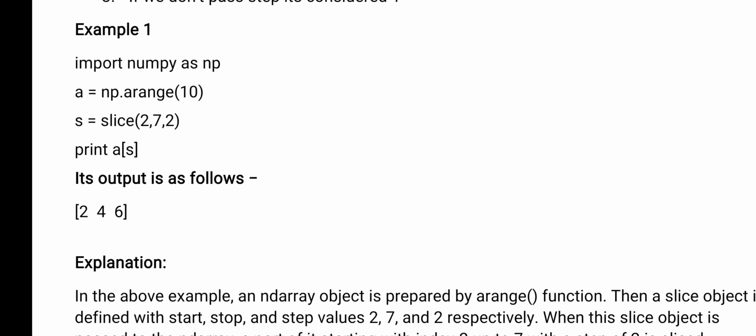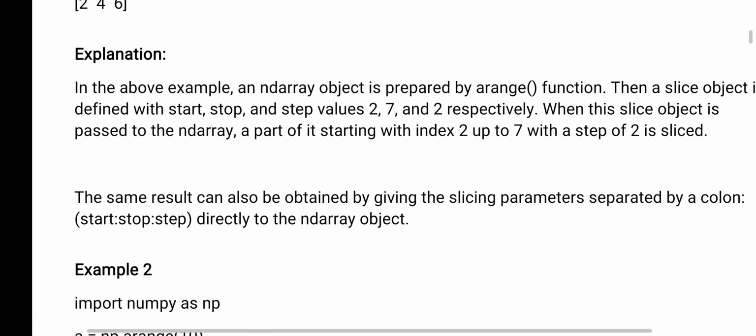You can see the output: 2, 4, 6. Starting is 2. And as I already said, the index is incremented by 2, no? So instead of 3 it is giving 4. Next, instead of 5 it is giving 6. So range 7 is given, 7 is not included. In the above example, a range function is used.